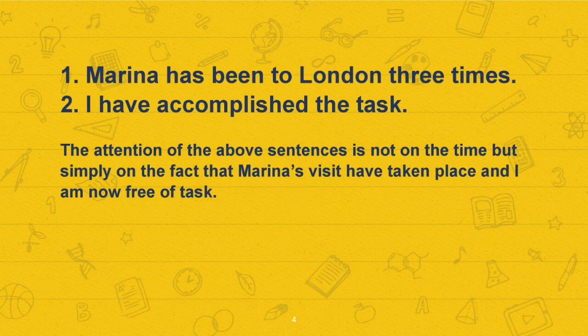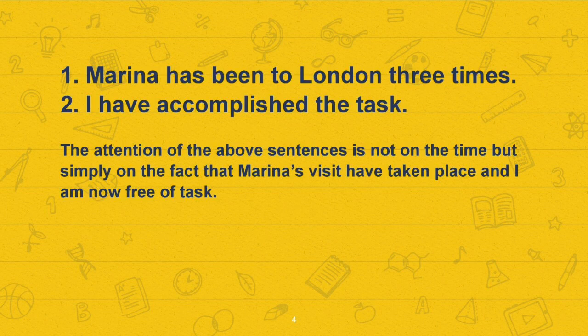Jadi bisa disimpulkan bahwa yang nomor 1, Marina has been to London 3 times. Dia sudah pernah pergi ke London selama 3 kali. Kemungkinan di masa mendatang dia akan pergi lagi ke sana. Dan karena sudah sering pergi ke London, maka dia sudah hafal kota London.